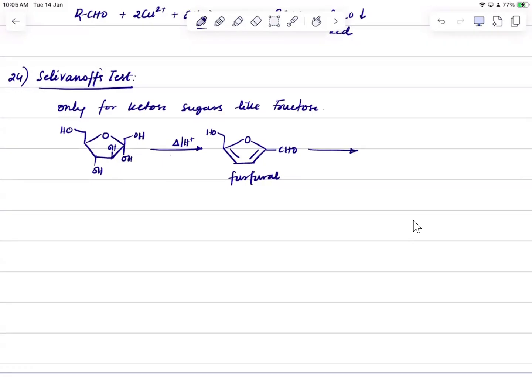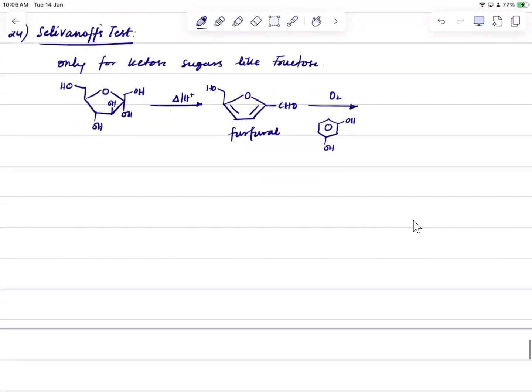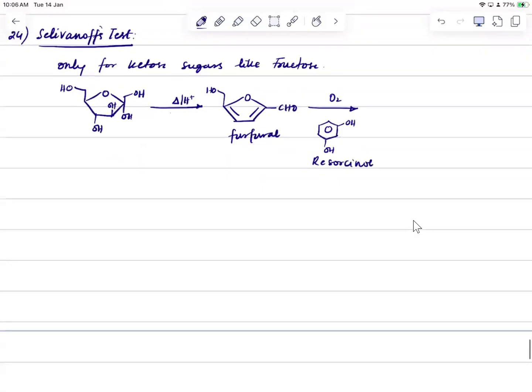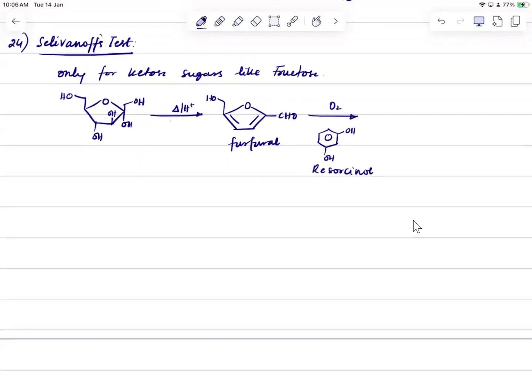If you treat it with O2 in the presence of resorcinol, so we need to take resorcinol. This is resorcinol. In the presence of resorcinol, it will give a cherry red precipitate, like this.